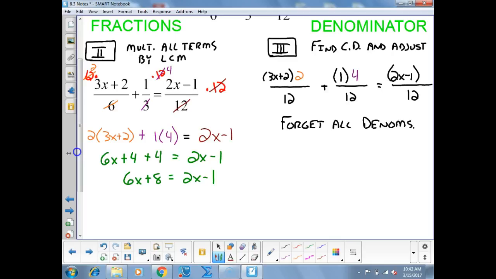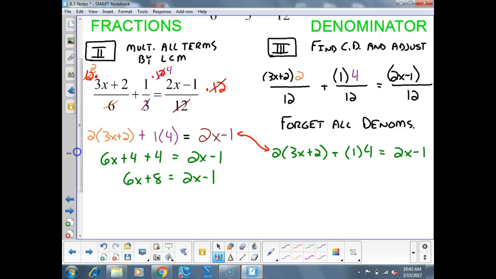So this would just become 2 times 3x plus 2 plus 1 times 4 equals 2x minus 1. Where have you seen that before? It's right there. Yeah, those two lines are exactly the same.